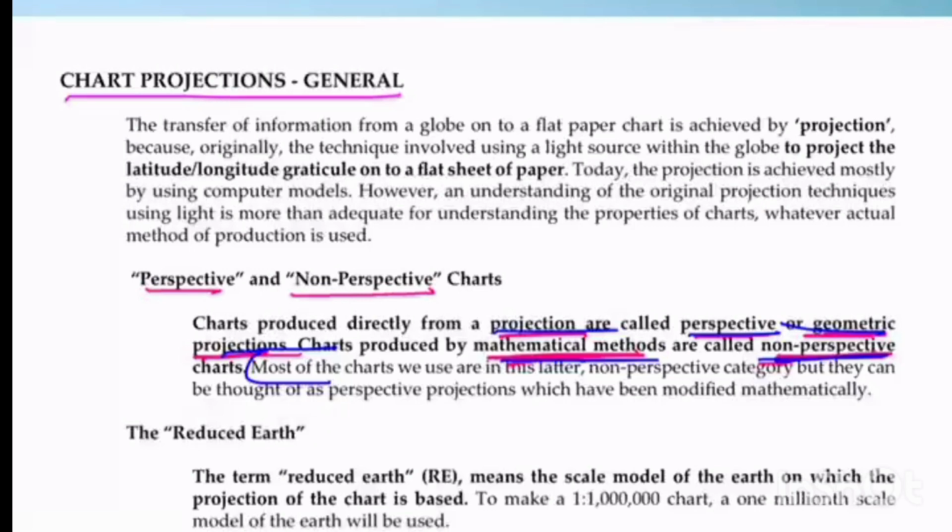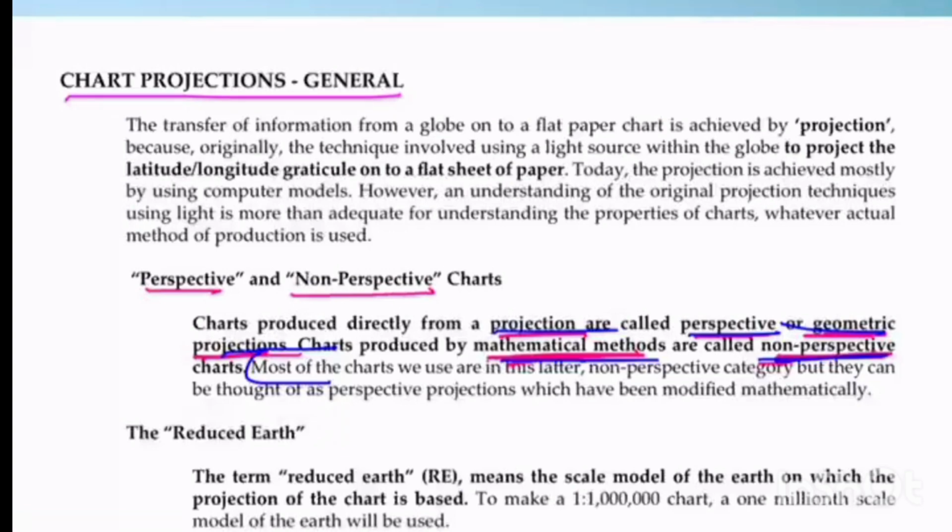Today, the projection is achieved mostly by using computer models. However, an understanding of the original projection techniques using light is more than adequate for understanding the properties of charts, whatever actual method of production is used.